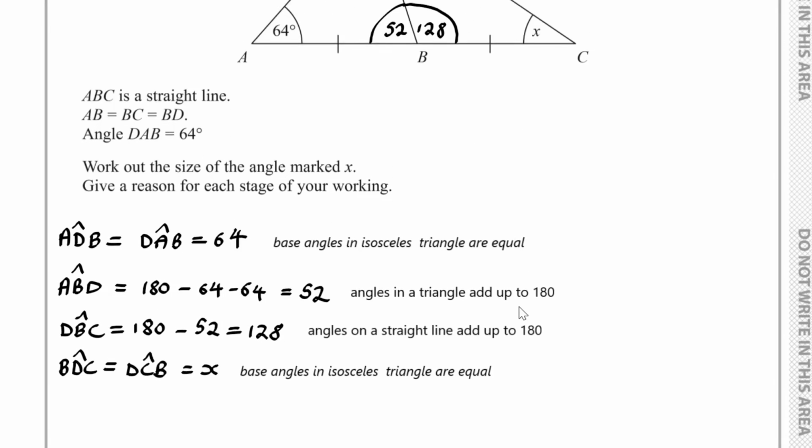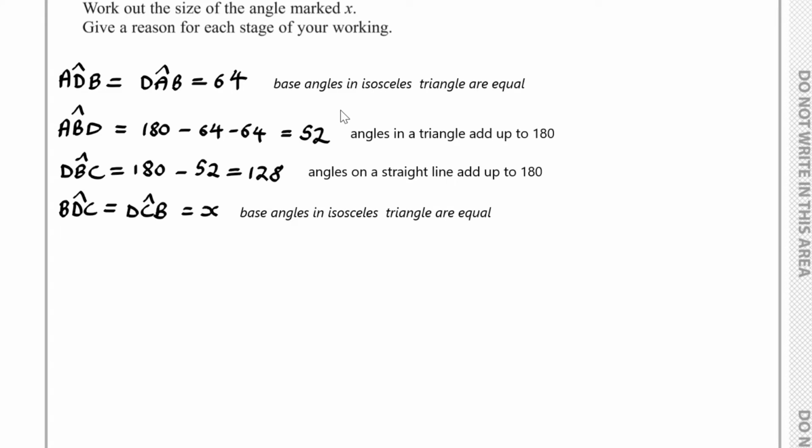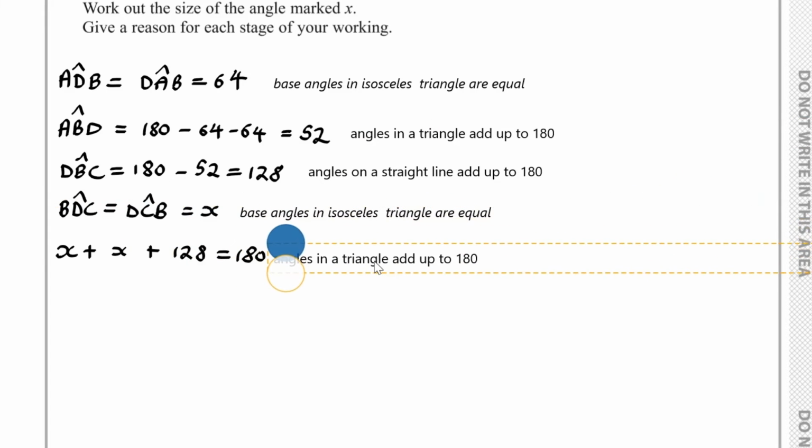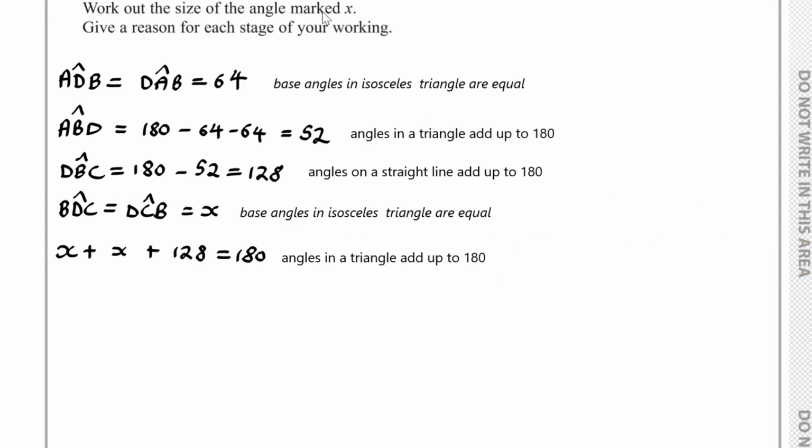Now, we should know that angles in a triangle add up to 180. So we have x plus x plus 128 equals 180. Again, let's copy and paste this reason over here: angles in a triangle add up to 180. So you can simplify this: 2x plus 128 equals 180.